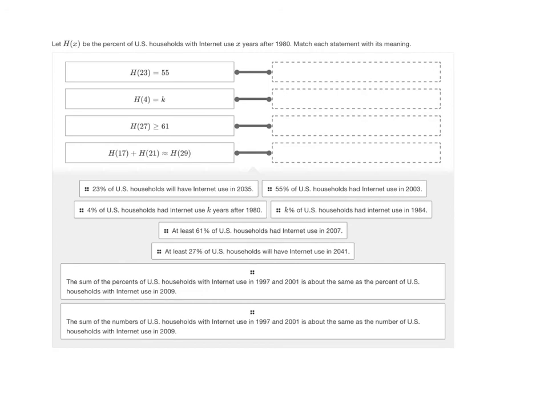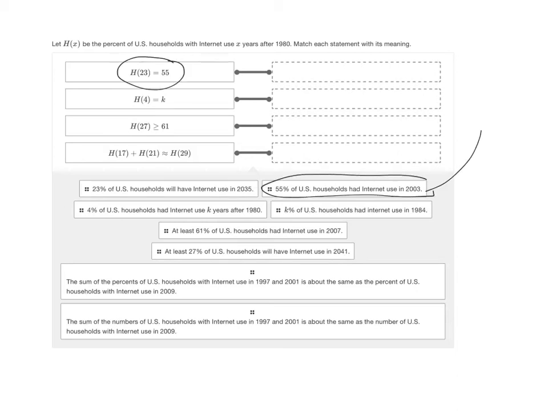Let h of x be the percent of U.S. households with internet use x years after 1980. Match each statement with its meaning. So, h of 23 would be 23 years after 1980. That's 2003, and it would be 55%. So we'll go black and black.